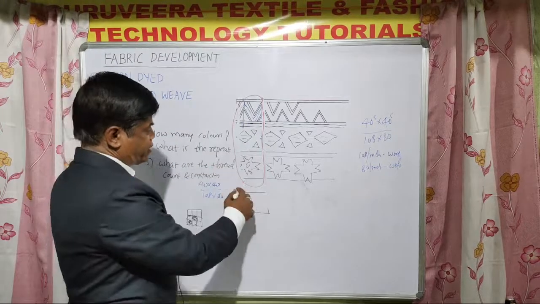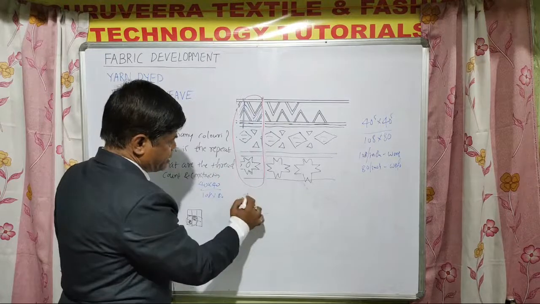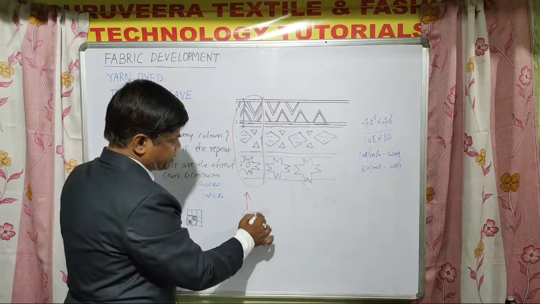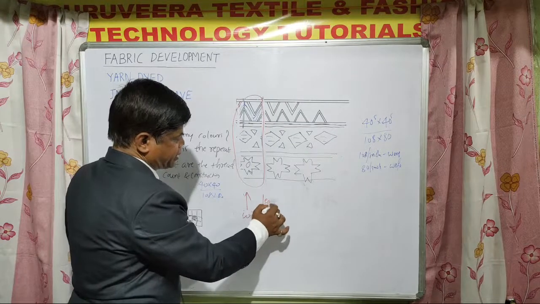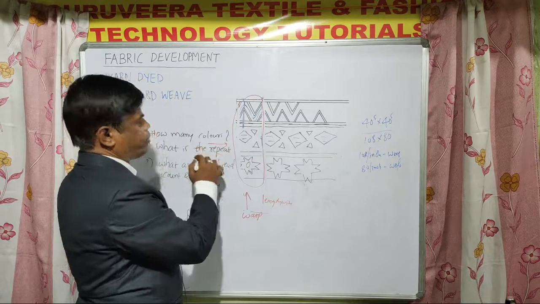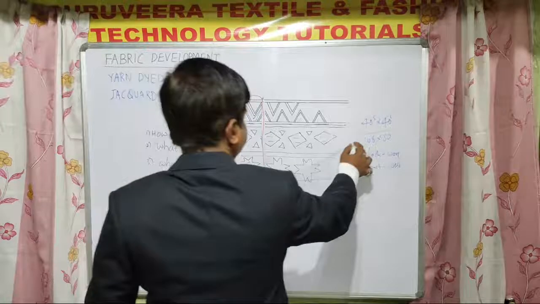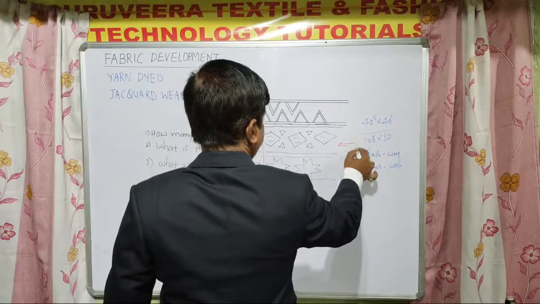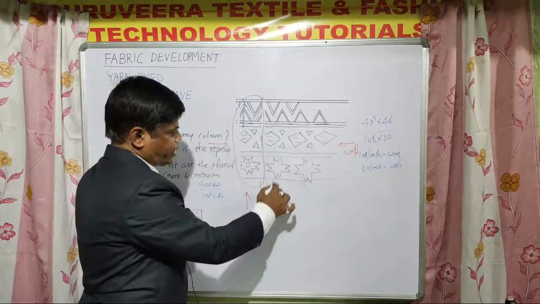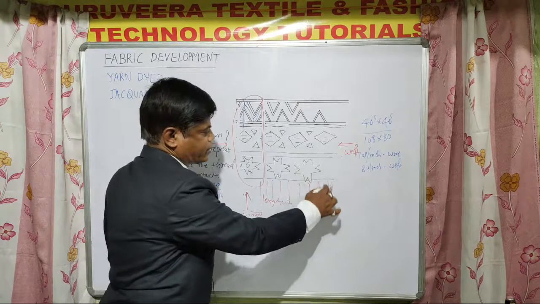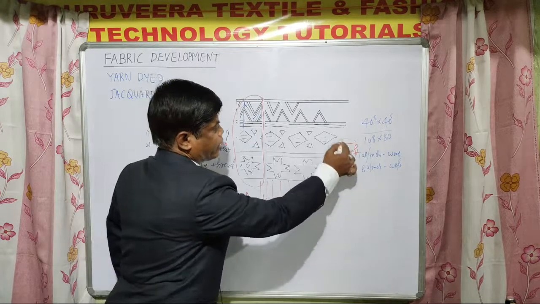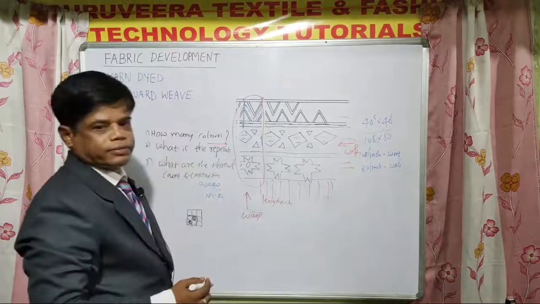See, understand, friends? This is the warp threads, means lengthwise. This is the lengthwise fabric, and this is the weft threads. This is called weft. Whatever threads are going here are warp threads, longitudinal threads, and whatever threads are going horizontally are the picks.